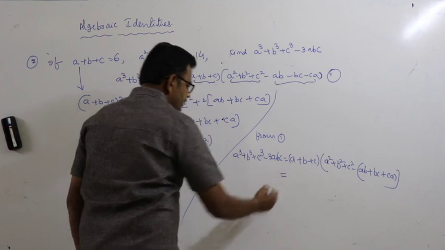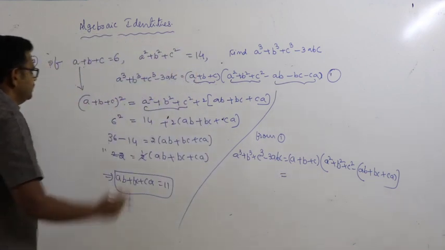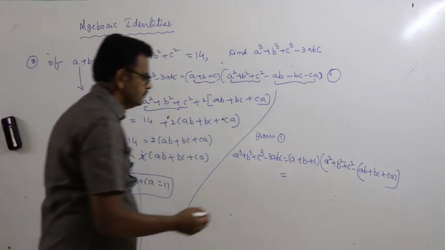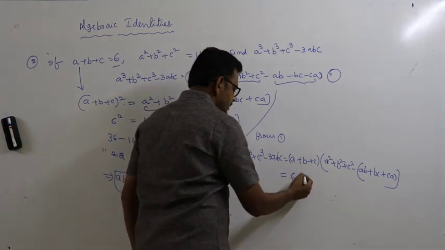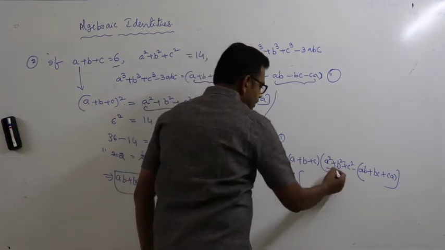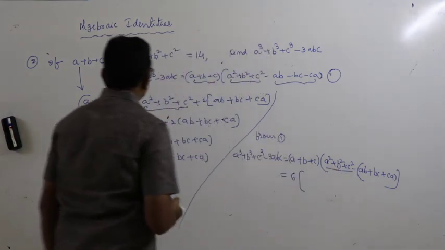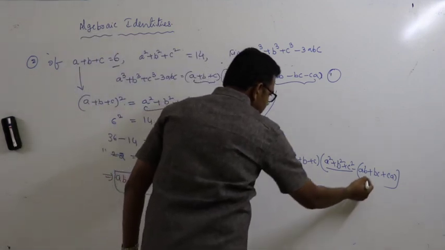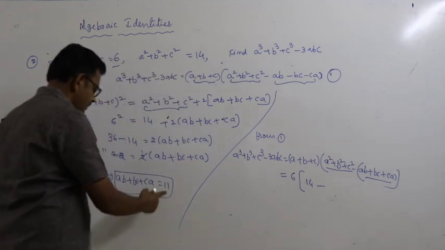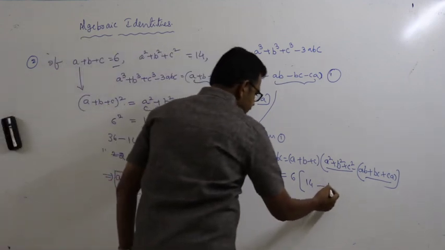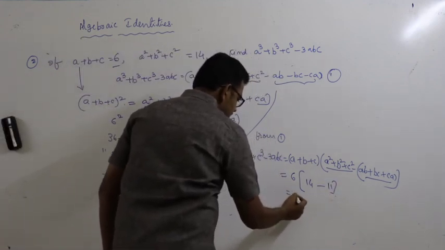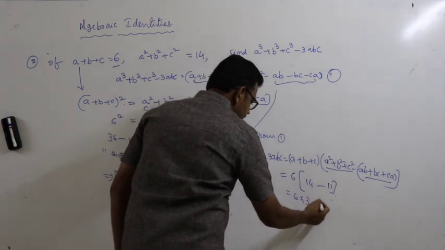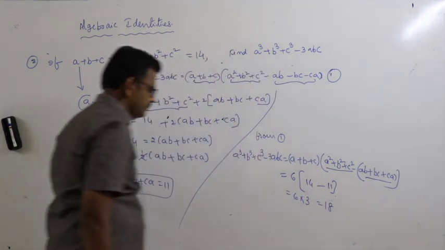That is equal to a plus b plus c, whose value is 6, into a square plus b square plus c square, whose value is 14, minus 11. Therefore that is 6 into 3, that is 18.